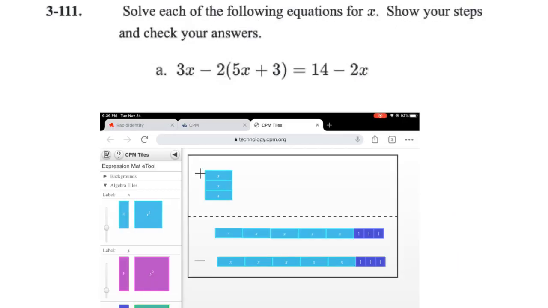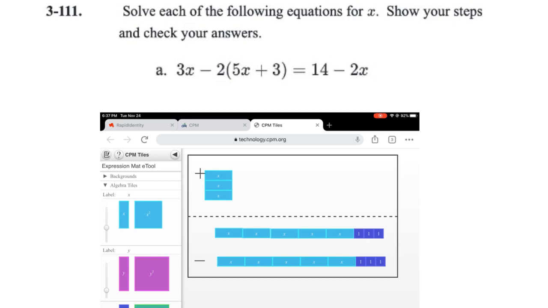Problem 3-111 says solve each of the following equations for x. Show your steps and check your answers. Part A, before I start solving that, I wanted you to see what 3x minus 2 parentheses 5x plus 3 looks like. I've got 3 x's in the positive region, and then in the opposite region, I've got 2 piles that each include a 5x plus 3.